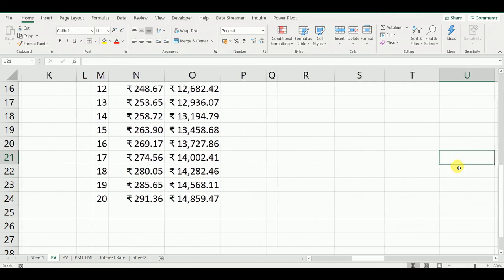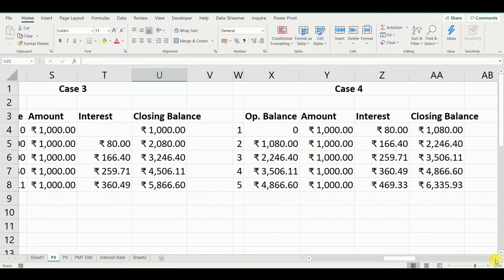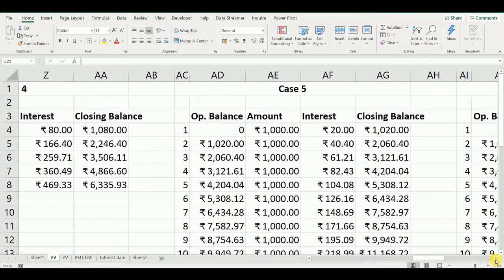So we can see the case number 5. Here we are investing 1000 rupees and we are getting interest at the end of the first quarter, 20 rupees.